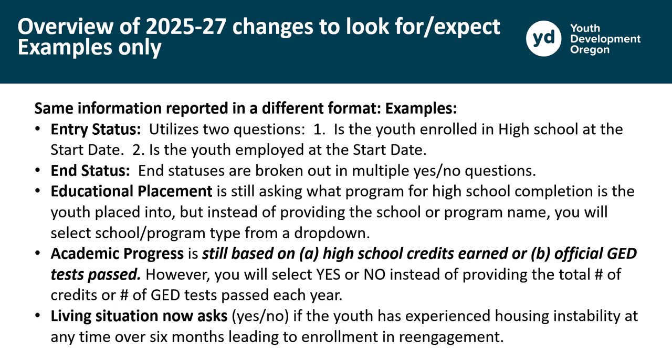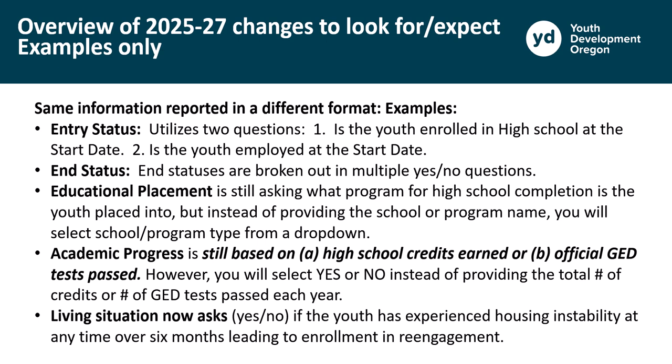And so then I said that the information that you'll be giving will be primarily the same. I've got some examples of how it's the same information, but reported in a different format. So for example, you won't find a column labeled entry status or end status.